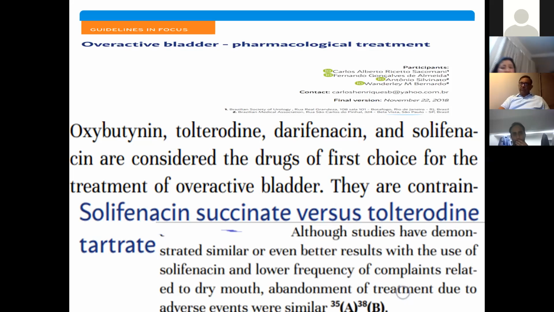When first line treatment fails, although studies have demonstrated similar or even better results with the use of solifenacin and a low frequency of complaints related to dryness of mouth and constipation, abandonment of treatment due to adverse events was similar in A or B. What is this A and B? A is oxybutynin and solifenacin, and B is this beta agonist.